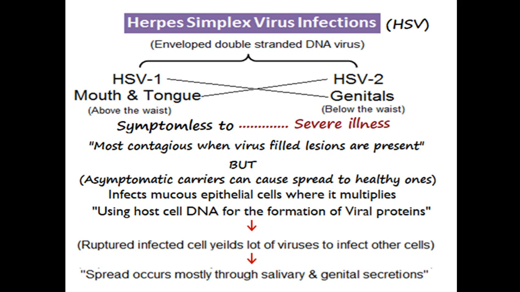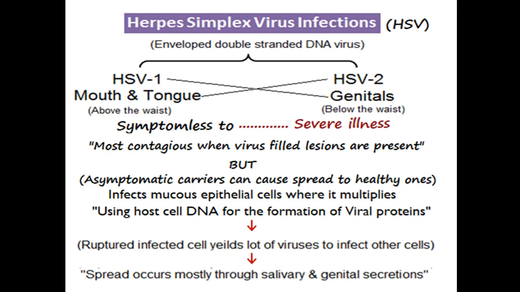And again, mostly HSV2 causes infection of the male and female genitalia that are below the waist, but it carries the potential to cause infections above the waist and infections of the mouth and tongue. And therefore, we can say that there is a cross between the two types of the herpes virus.